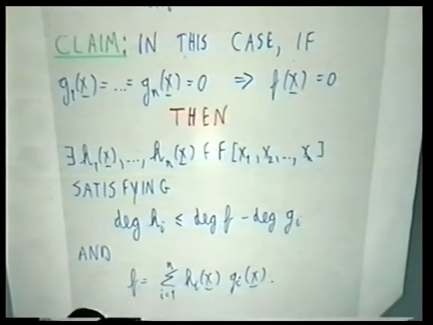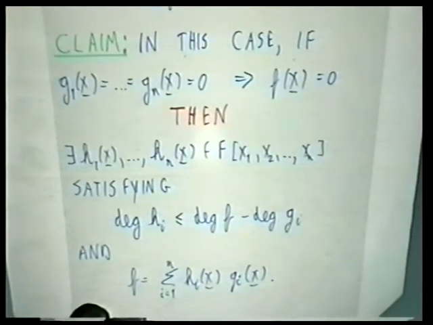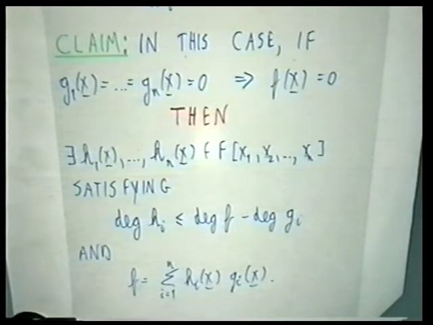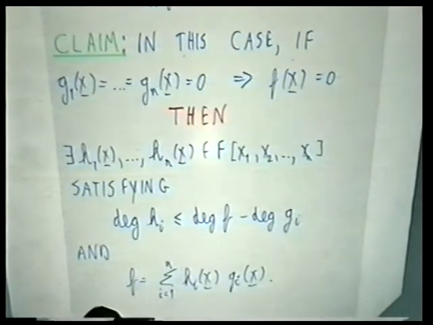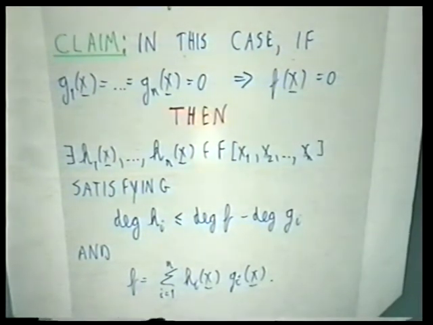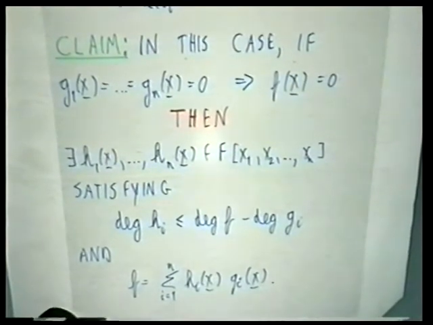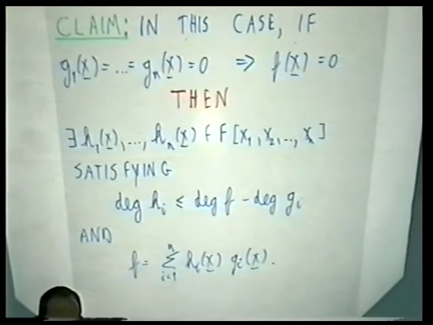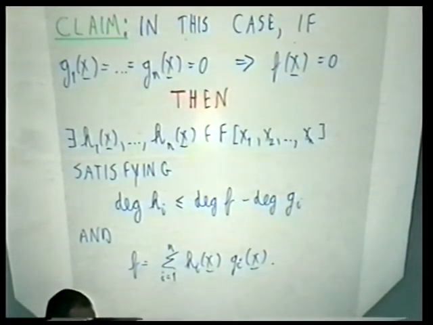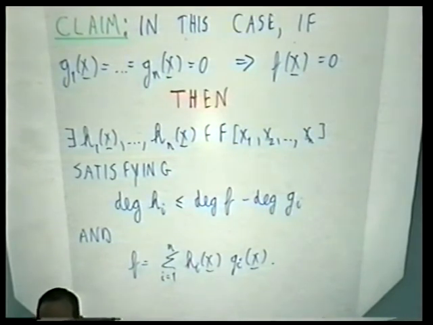And then the claim, and it's not too difficult to prove, but I'll try to convince you that it's useful, is that in this case, if we have another polynomial f that vanishes over all the common zeros, so whenever the g_i's are zeros so is f, then we know by Nullstellensatz that some power of f lies in the ideal, but actually now f itself lies in the ideal.